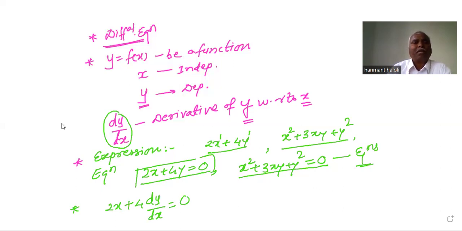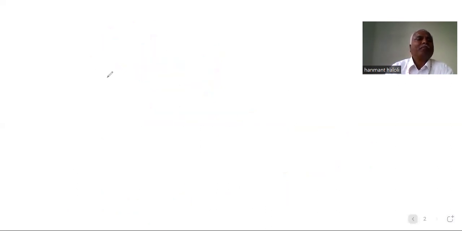Such types of equations are called differential equations. It means an equation containing differential coefficients is called a differential equation. Now we'll go to the next slide.